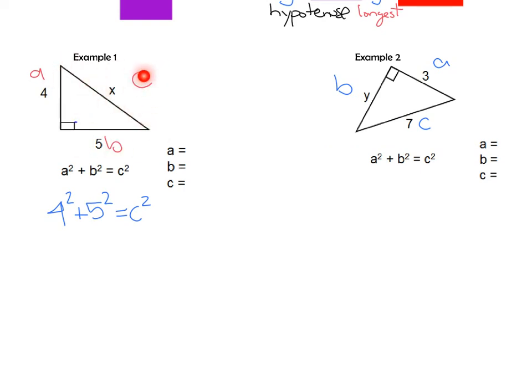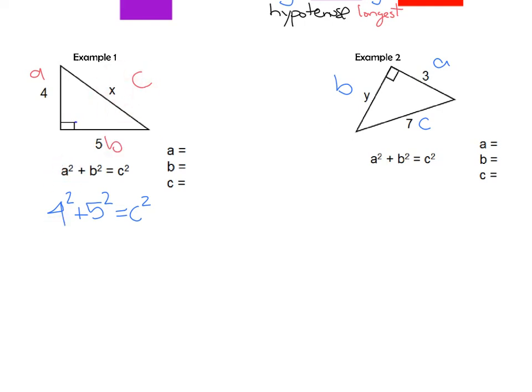Okay, notice you should always be able to identify the c first because that's always going to be across our 90 degrees. A and B can be interchangeable, so don't freak out about which one's actually A. So A and B, you can switch them up. C is the one that has to be 100% correct. You cannot mix up the hypotenuse with anything else but C.